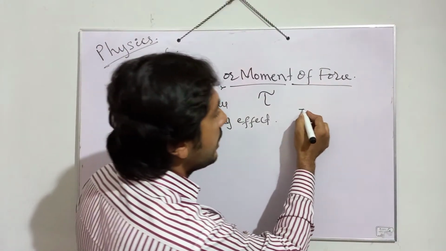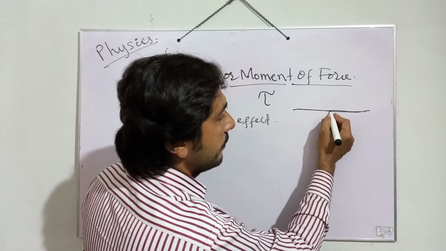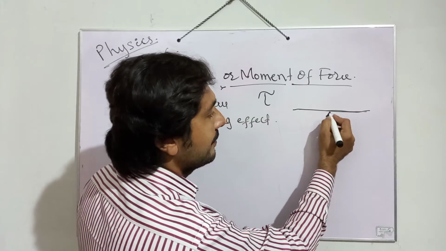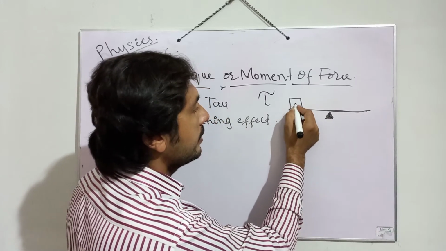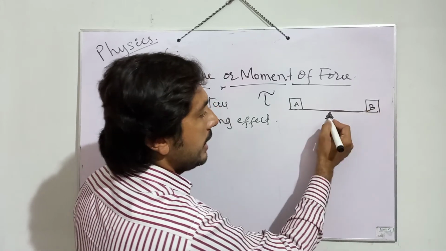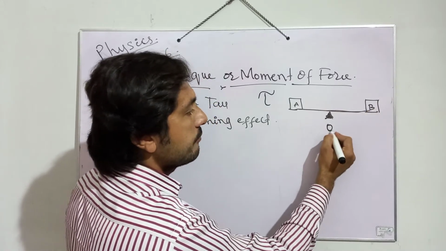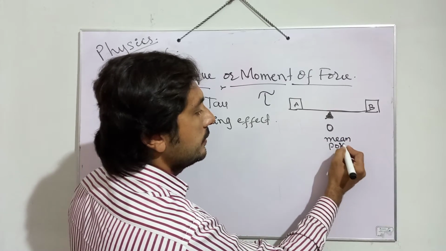You might have seen this example in your schools, the seesaw. If we put a body A here and a body B here, and that is the mean position, the fixed position.